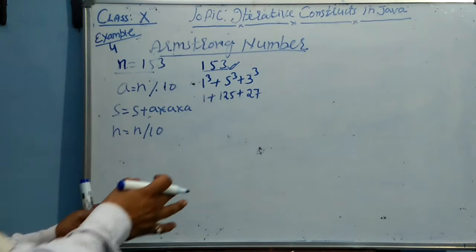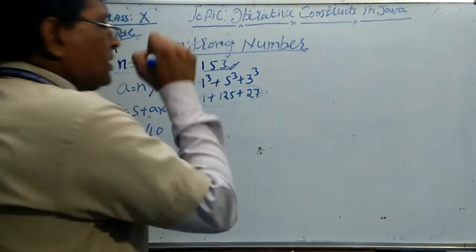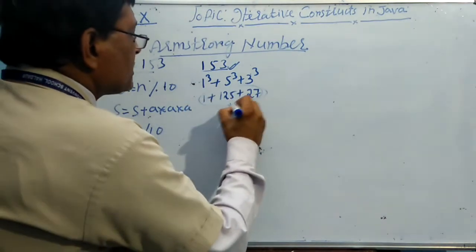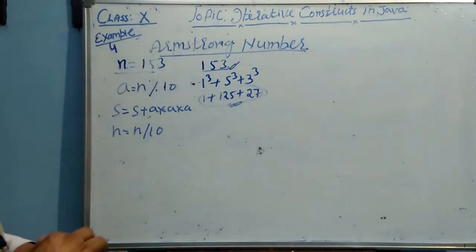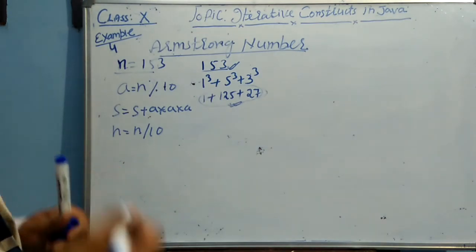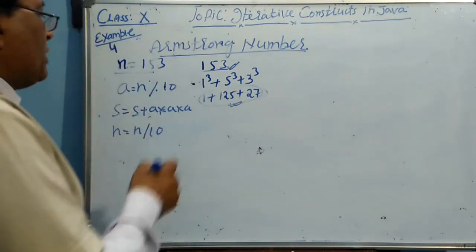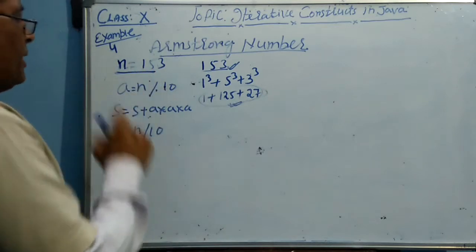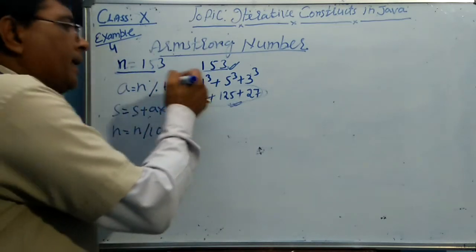Now, how will you perform this type of problem in a program? Inside the program, first of all we will calculate the value of n. n is the given number, and a is equal to n modulo 10.